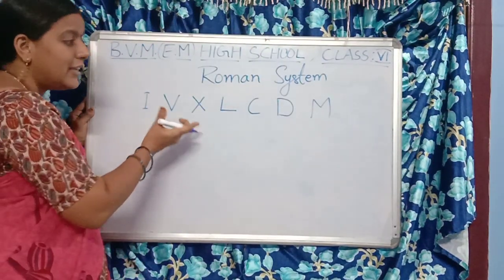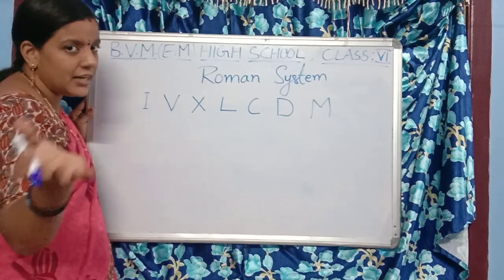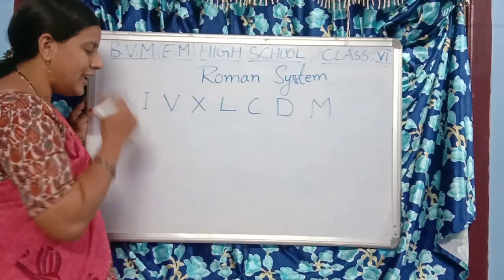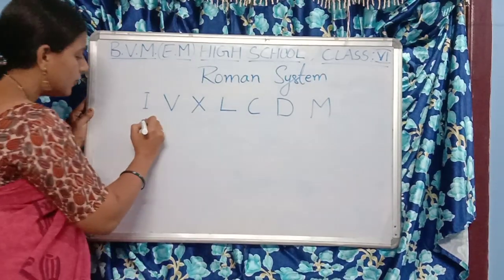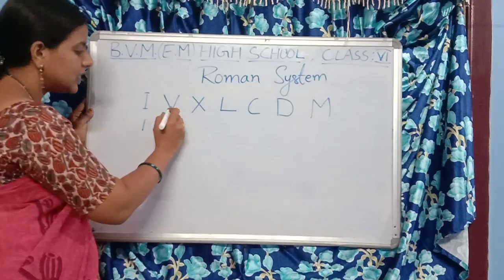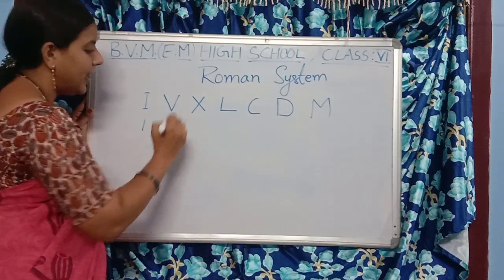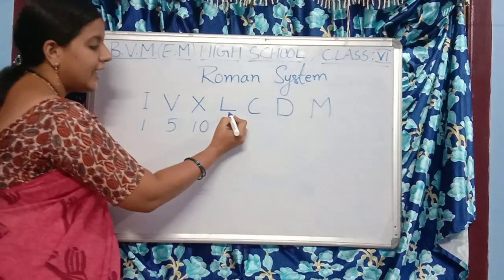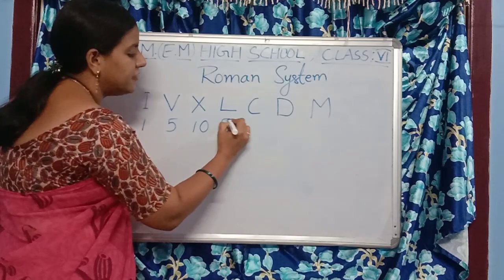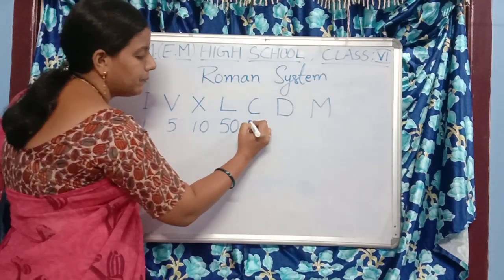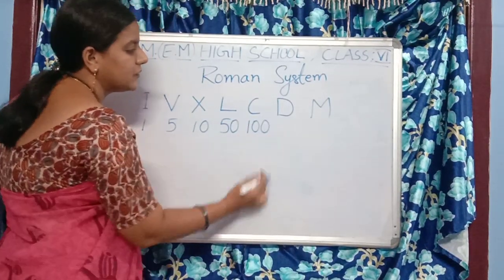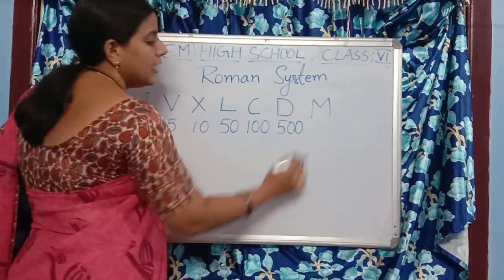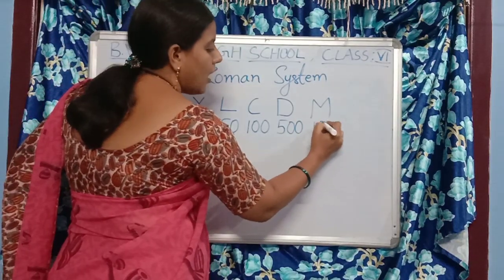Okay? And in the Hindu-Arabic system, that is, in our Indian system of numeration, what do these symbols represent? I stands for 1, V for 5, X for 10, L for 50, C for 100, D for 500, M for 1000.